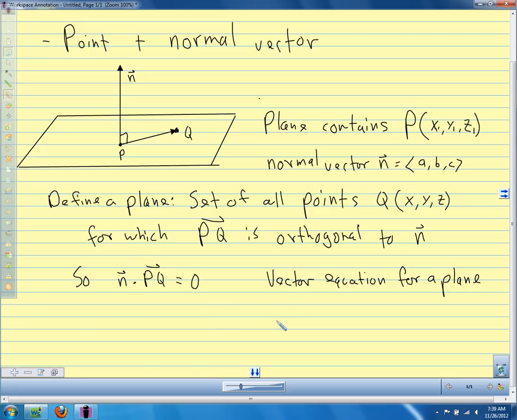Now we don't normally work with this equation. Just like we did for the lines, we're going to write an expression for n dot PQ and equate components.